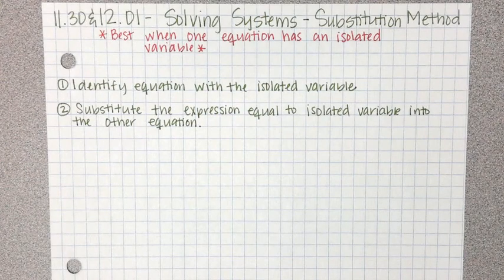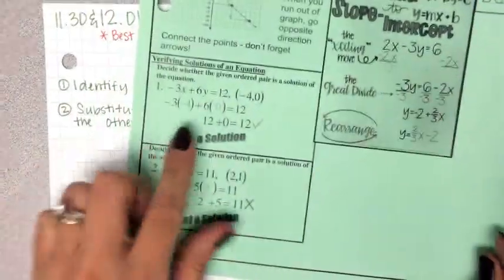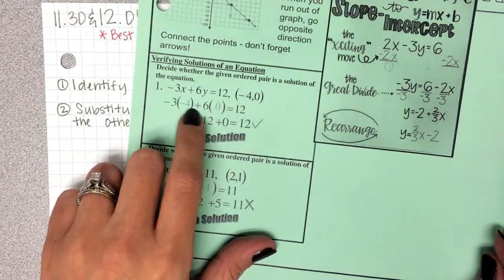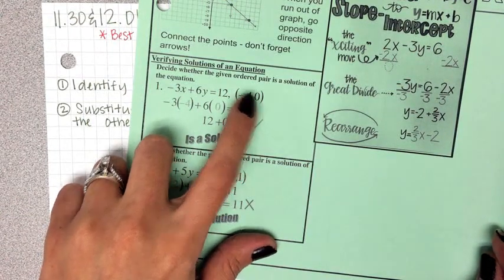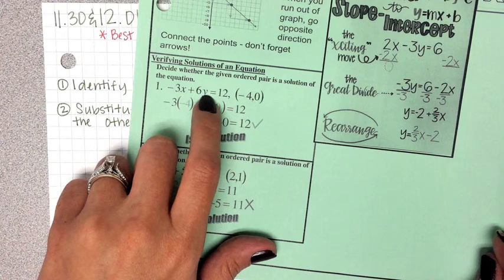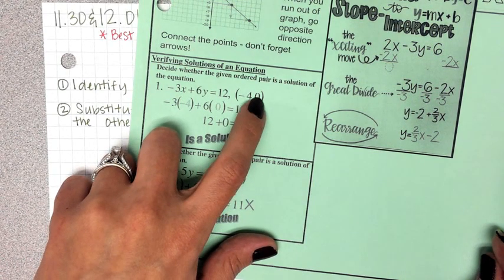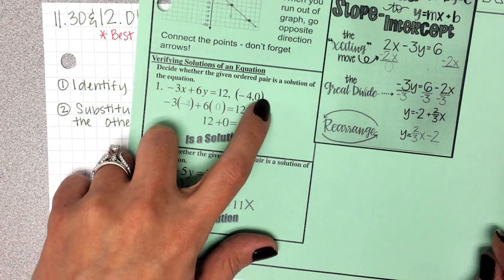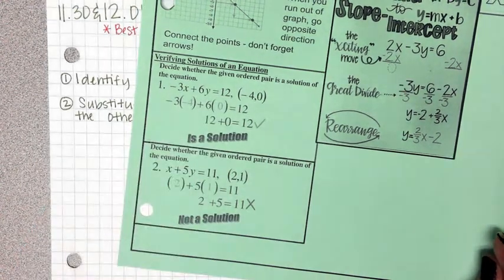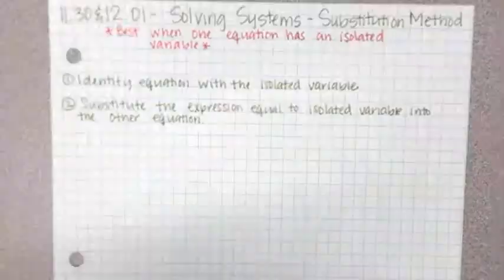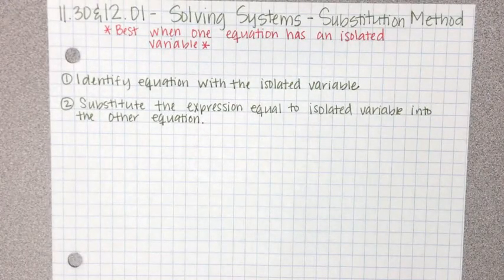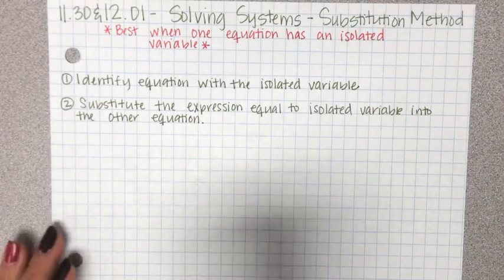And so it's going to take a process of substitution. And you've done substitution before. The way you've done substitution is just a simple take a number and plug in for that specific variable. But now instead of a number, we're going to have an actual expression. And instead of the variable, we're going to plug in an expression where that variable goes. And you'll see what that looks like.